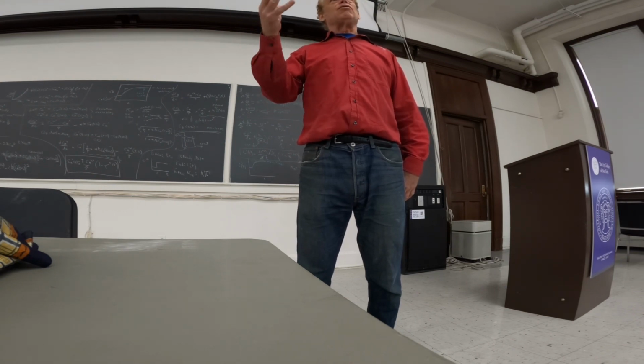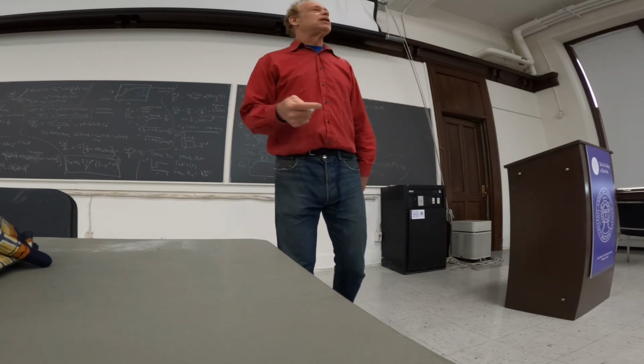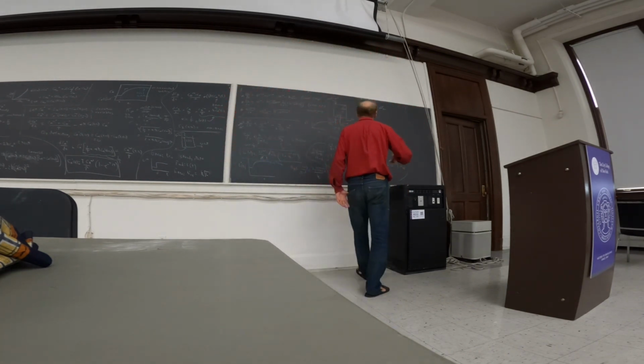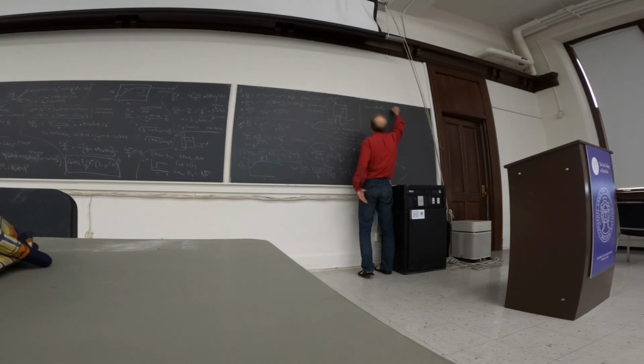It's a delta T over delta log T. Now that's very nonlinear, so that's too hard. That's nonlinear. So we're going to come up with a simple approximation.